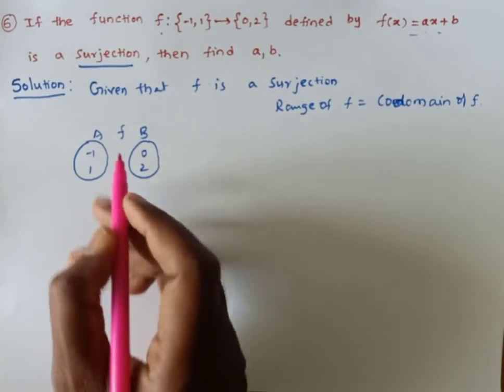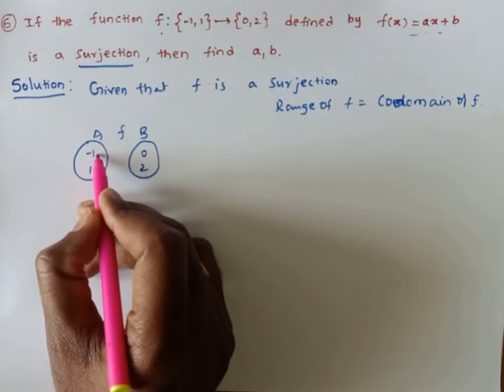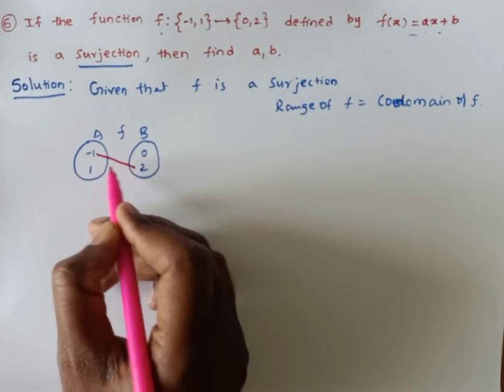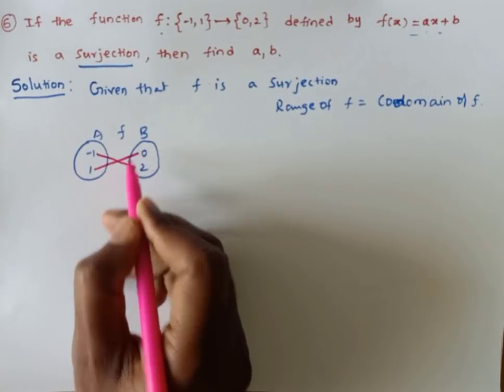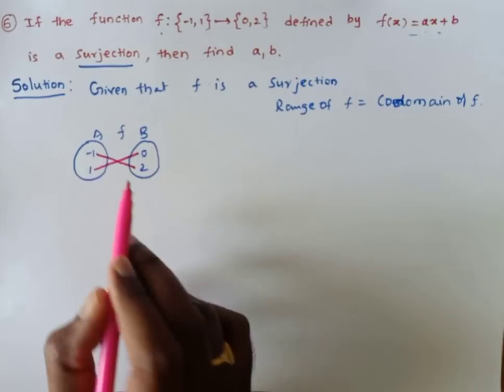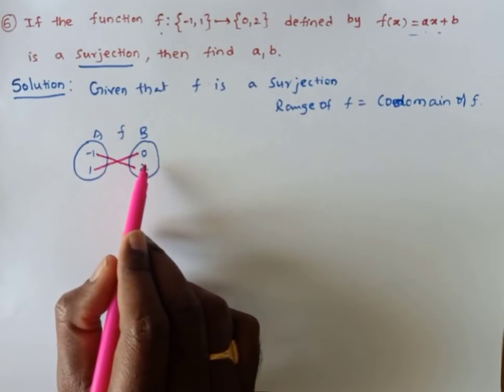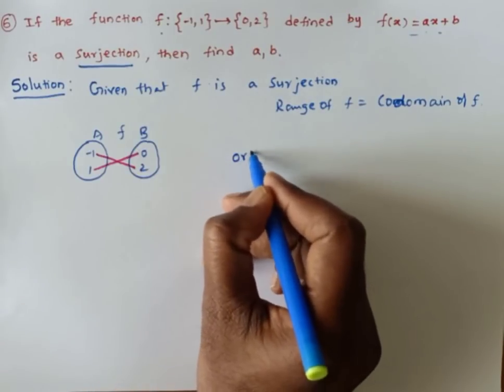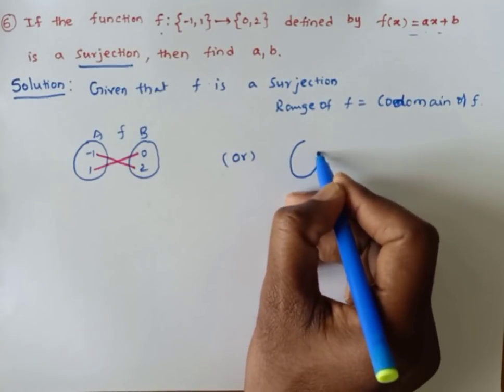Maybe minus 1 is mapped to 0 or 2, we don't know. If minus 1 is mapped to 2, then compulsorily 1 is mapped to 0, or maybe minus 1 is mapped to 0 also, right?